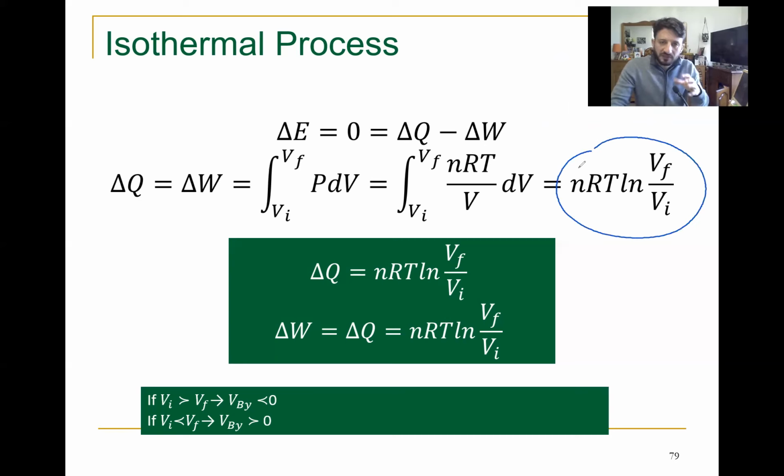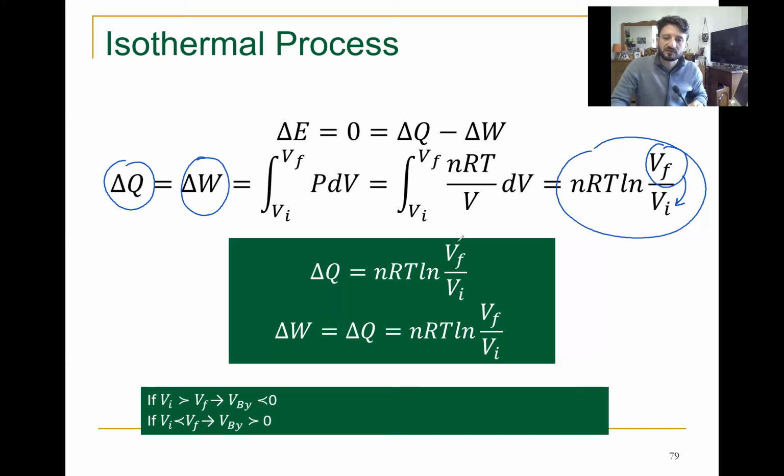It's very important to know now the sign of W. Anyway, you know, if we increase the volume, W must be positive, okay? So if V final is greater than V initial, in this case W is positive. If W is positive, in the case of T constant, dQ must be positive.